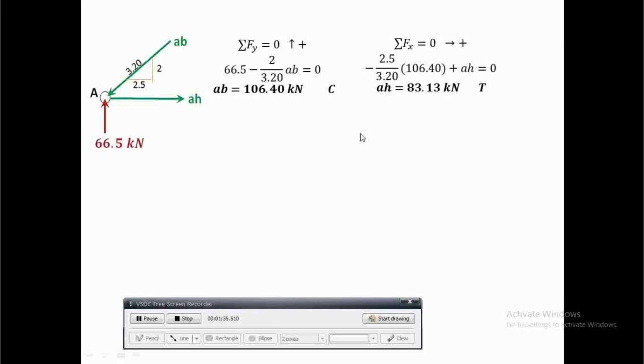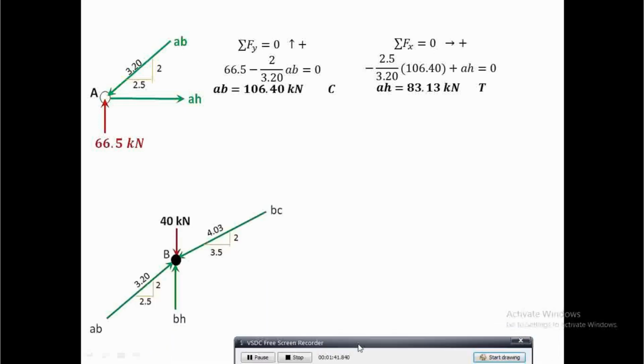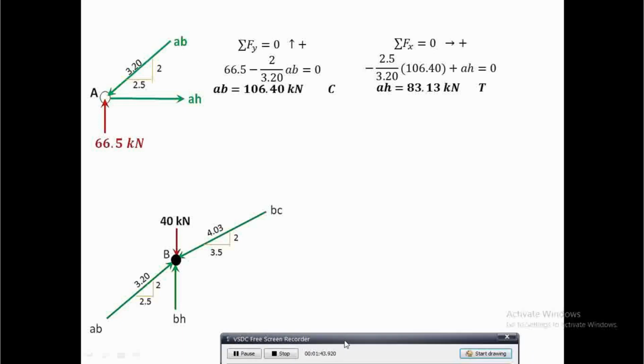Again, pili ulit ako ng isang joint para ma-solve ko yung ibang mga members. I'm going to choose joint B. At joint B, may naka-attach na BC, BH, at saka AB.